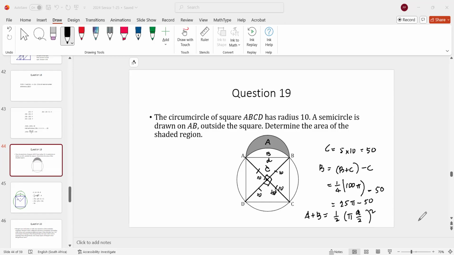According to Pythagoras, d squared is 100 plus 100, which is 200. So A plus B is half pi r squared. So d squared over 4, and then another 2 there, so d squared over 8.